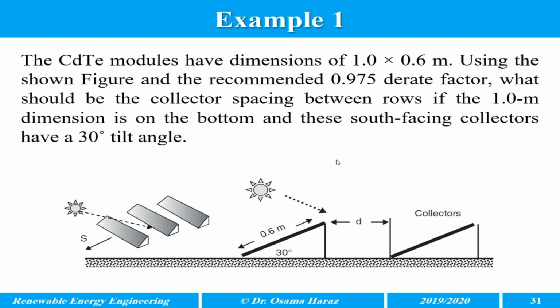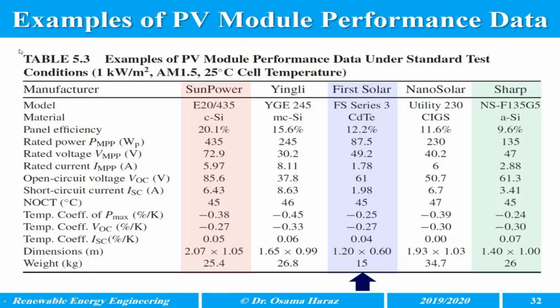But first of all, I want to mention this table. This table shows examples of PV module performance data, for different PV modules coming from different manufacturers, and here is our PV module used in example 1.